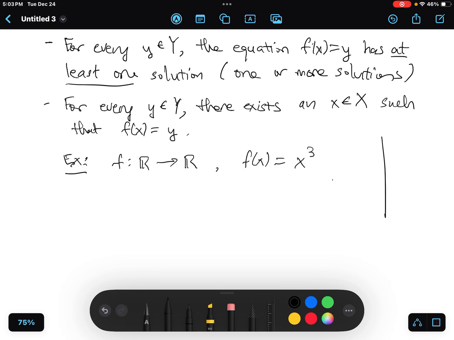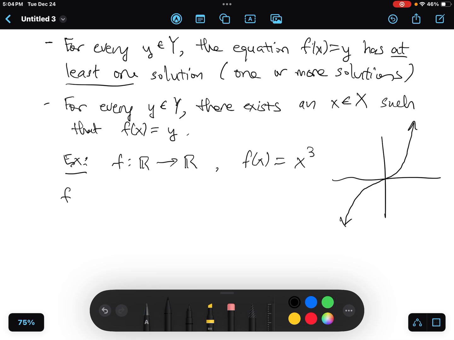So when you graph the function y equals x cubed, it looks like this. And you can see that every element of the real numbers is obtained as the cube of some real number, and so f is onto.